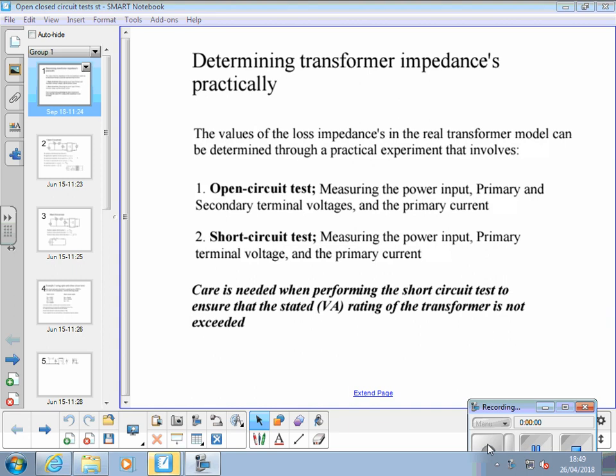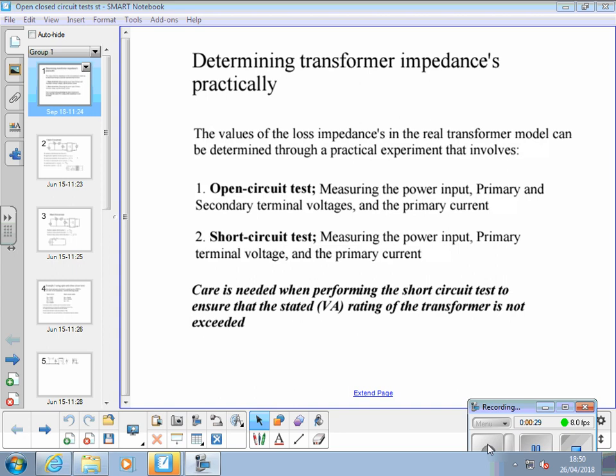Right, look at how we can determine these loss impedances in a transformer practically. The values of the loss impedances in a real transformer model can be determined through practical experimentation that involves doing an open circuit test, measuring the power input, primary and secondary terminal voltages and the primary current.